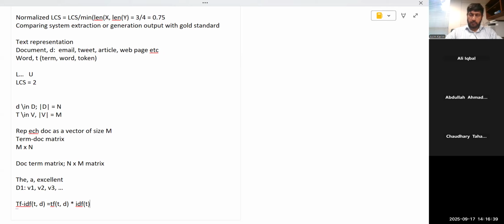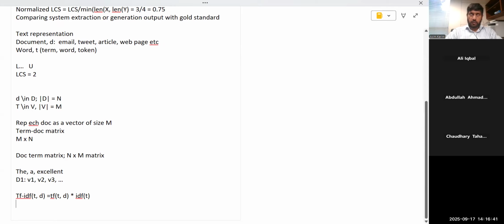So let's write these formulas again. So what is tf of T and D? So this is basically log 10 of count of T, D plus 1. Okay, this is for the case when count T, D is greater than 0 and it is 0 otherwise.